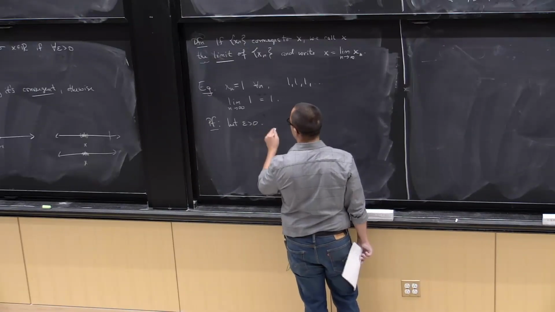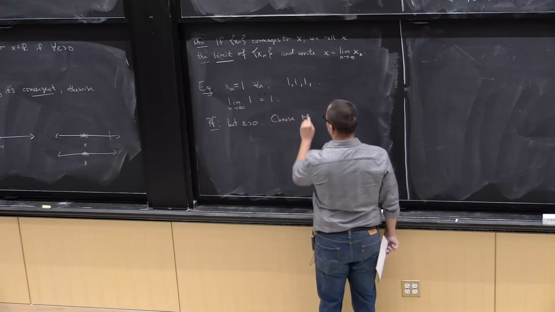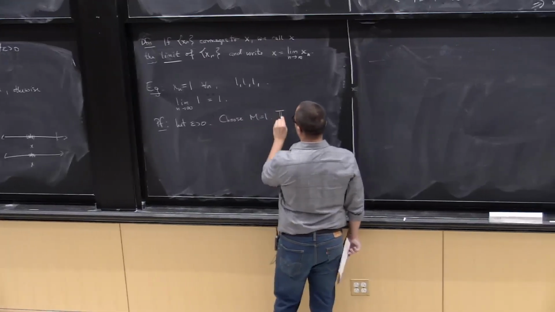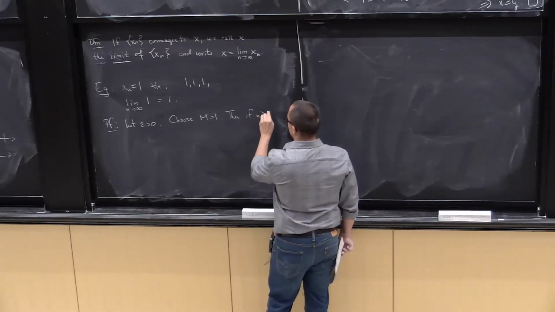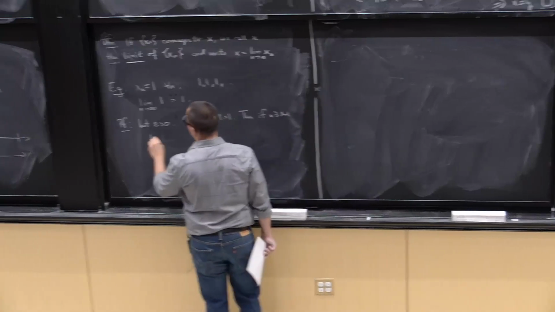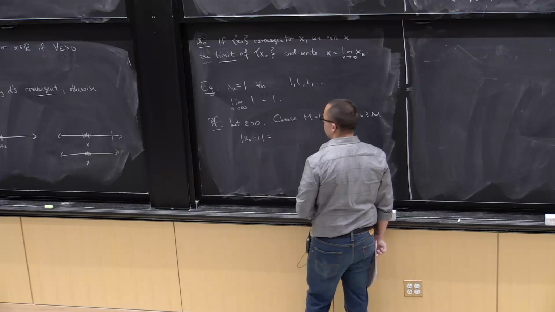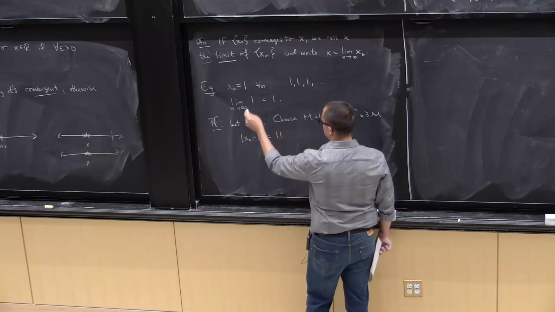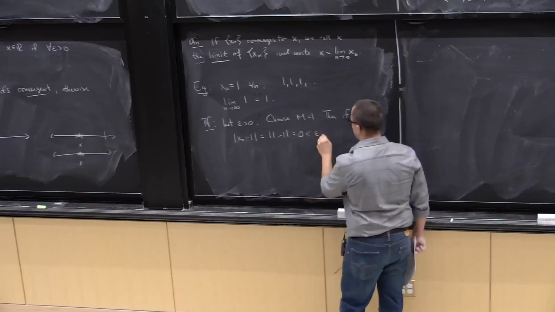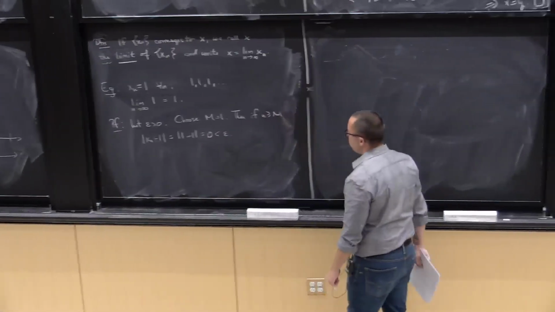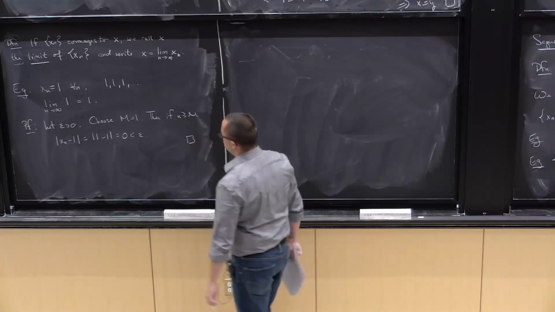I can do that for this sequence. Then, if n is bigger than or equal to M, and I look at the nth entry in the sequence, well, this is just 1. Minus 1 equals 0, and that's less than epsilon. Okay? So, not very enlightening because capital M equals 1 is good enough.